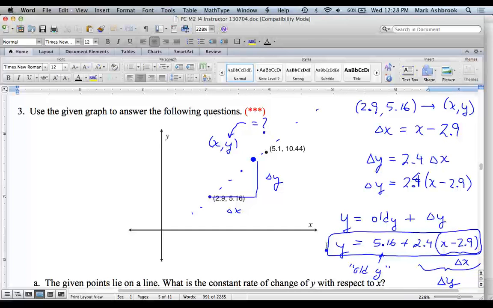Okay, so I'll just humor you for a second. Now, if we were to evaluate that, what would we get? We get 2.4 times x, and then we'd have 5.16 plus the product of those two, right? Which turns out to be negative 1.8.